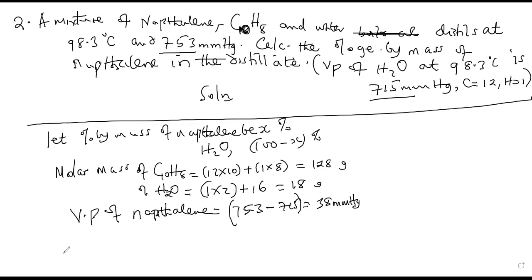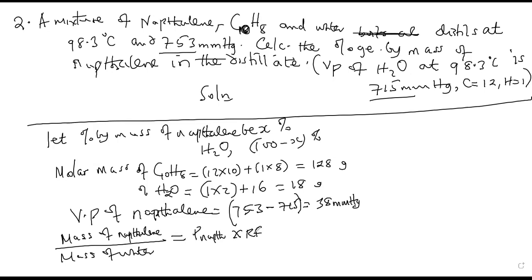We substitute in the equation, which is mass of naphthalene out of mass of water is going to be equal to vapor pressure of naphthalene times its relative formula mass, divided by vapor pressure of water times relative formula mass of water.